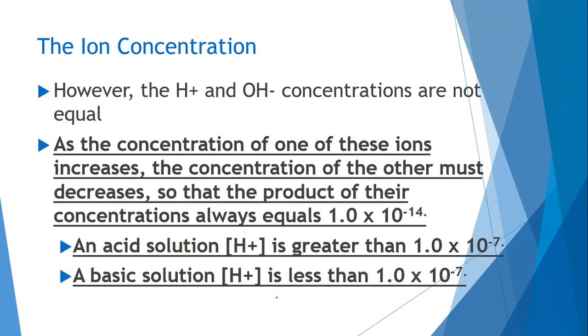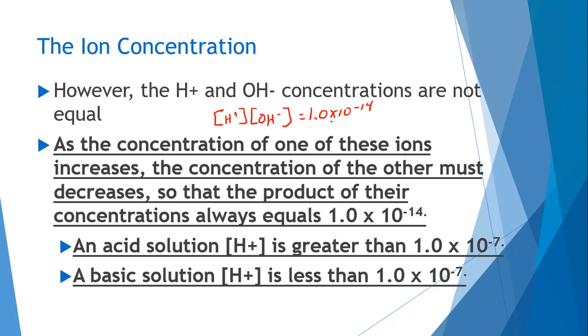However, hydrogen and the hydroxide concentrations are not always equal, and this is where we get some things that are acidic and then some things are basic. One thing to take away is that because we have this equation of H+ times OH- equals 1.0 times 10 to the negative 14th, this 1.0 times 10 to the negative 14th cannot change.